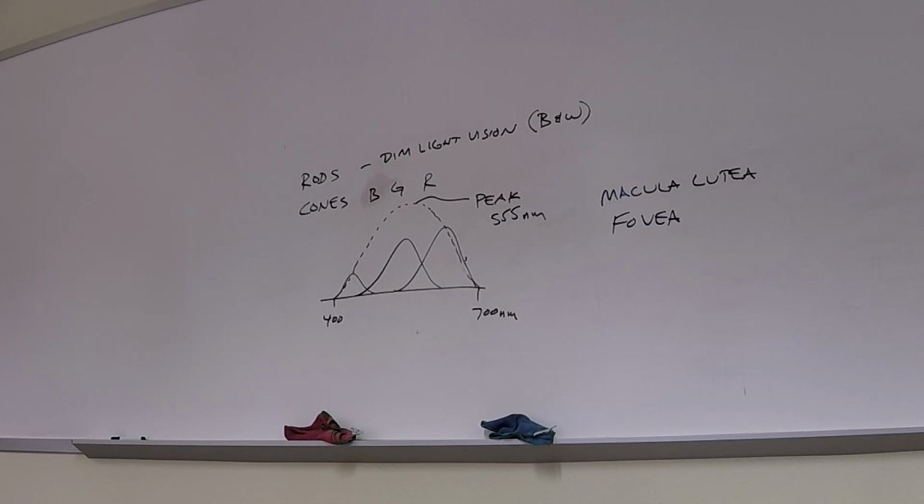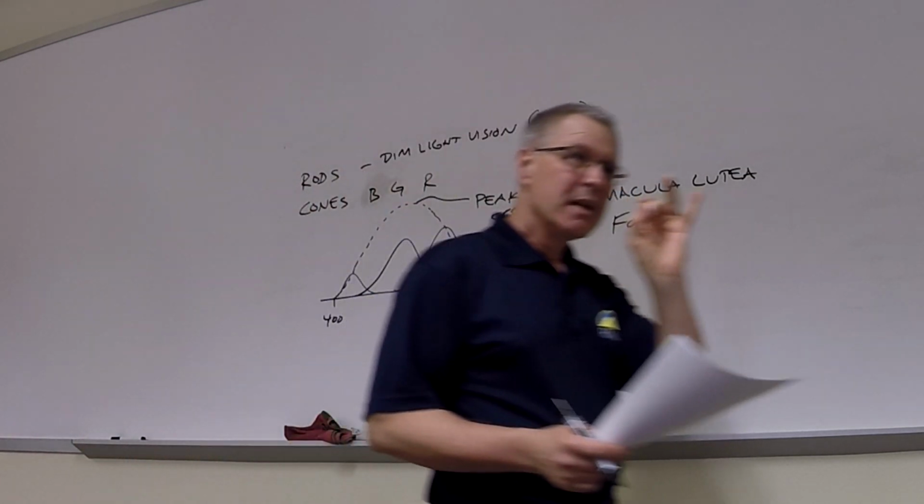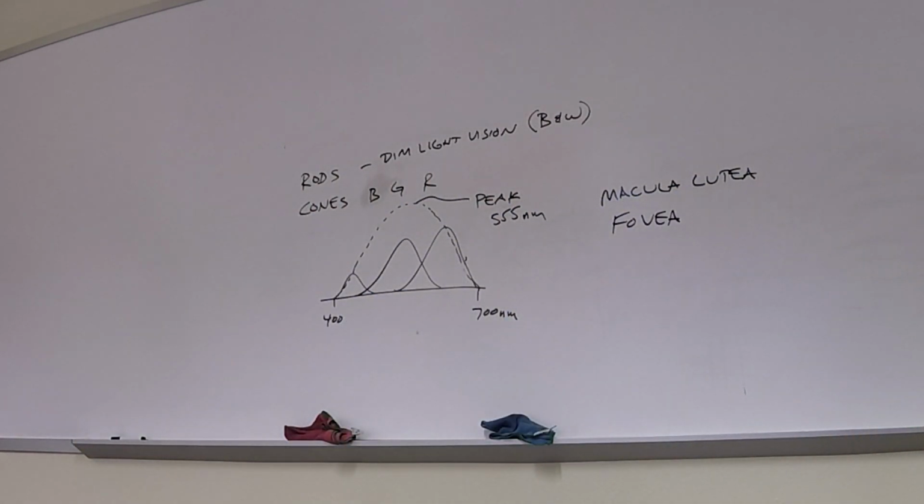Cones. It's packed full of the cones with no rods in there. So these cones are all packed nice and tight there. That's where our central vision comes from. So whatever you're looking right at, that image is being cast on that fovea where all those cones are. The things out in your peripheral vision, that's hitting other parts of your retina.